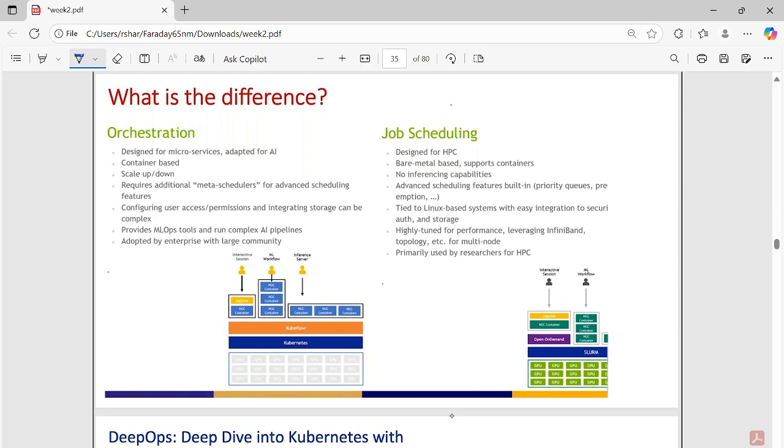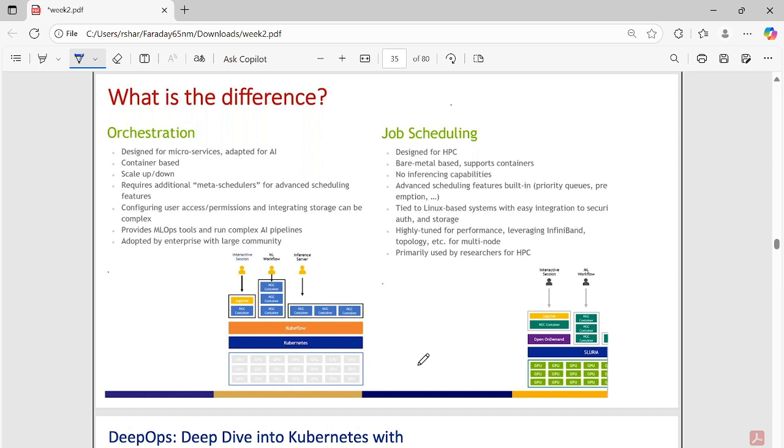What is the difference between orchestration and job scheduling? Traditionally the cluster has been very heavily tied to high performance applications like computational fluid dynamics, while orchestration is very much relevant to artificial intelligence applications, and it is especially adopted by the enterprise segment.